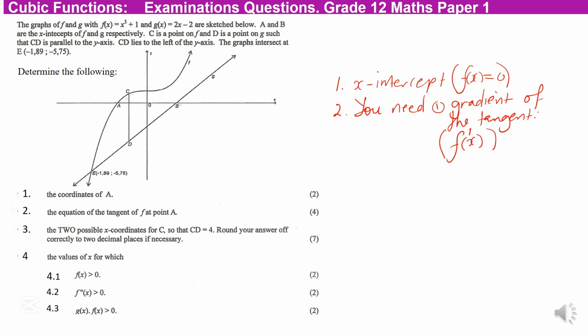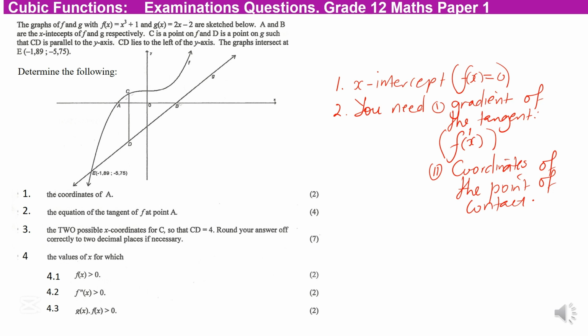Then another piece of information that you need is the coordinates of the point of contact. Where is the tangent touching the curve? So you need the coordinates of the point of contact. These two pieces of information can help you determine the equation of the tangent.